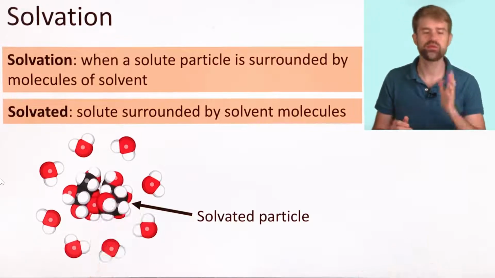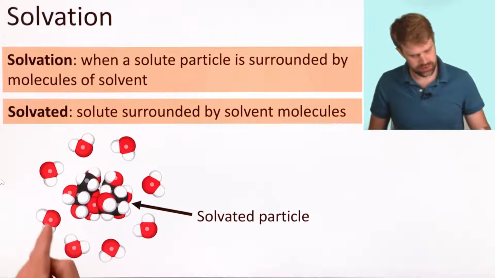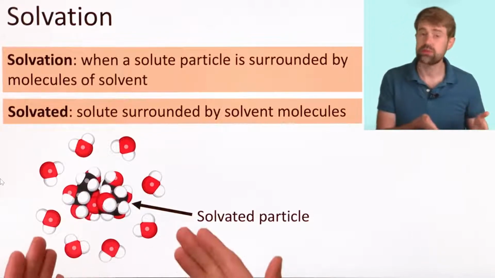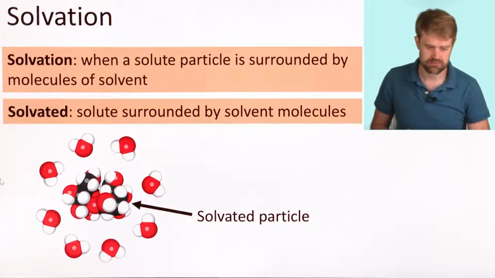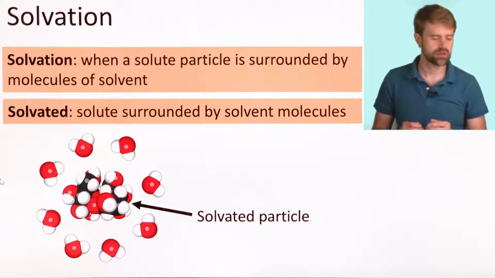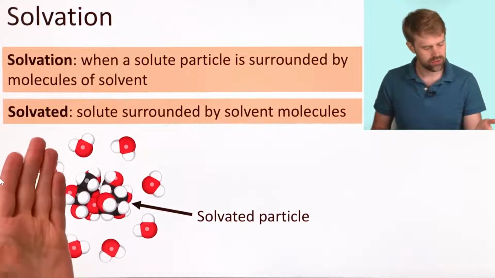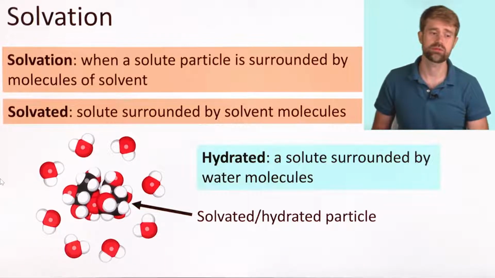Now, as we've seen, a big part of dissolving is the molecules of solute get surrounded by molecules of solvent. There's a special name for this process. We call it solvation. And we use the term solvated to refer to solute that is surrounded by solvent molecules.